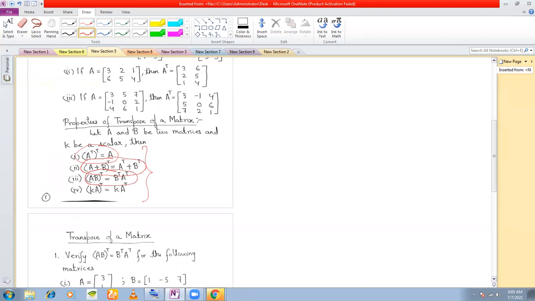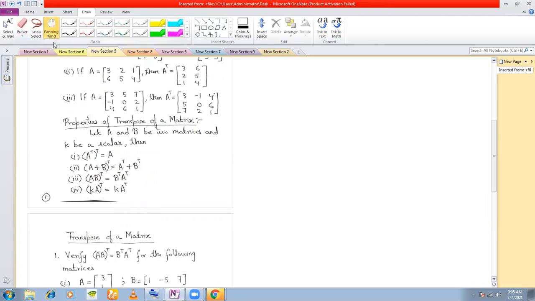That means if you have the order AB, and you're taking the transpose, then it is the same as taking B transpose into A transpose. Remember, this is not equal to A transpose into B transpose. Okay, this is something that you must note. This is very important. And finally, if you have a scalar K into a matrix A taken as its transpose, you have K into A transpose, right? So this is what you have.